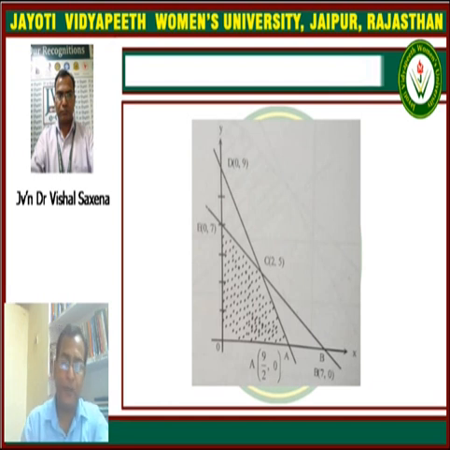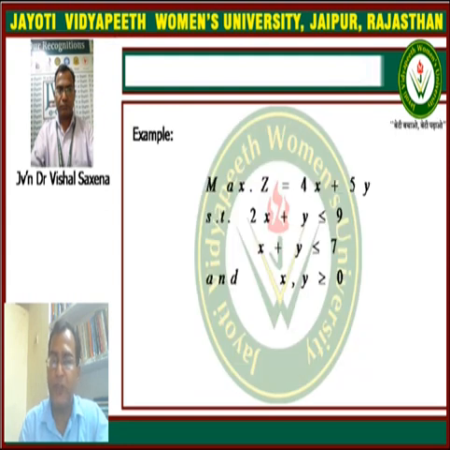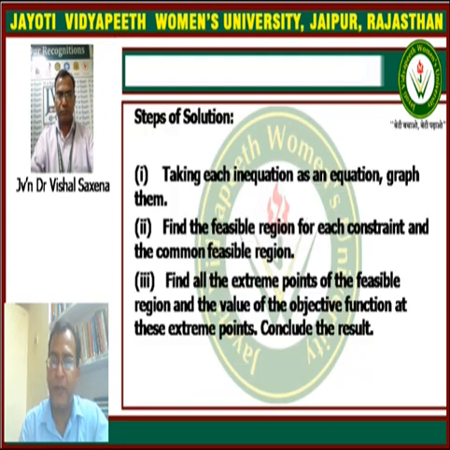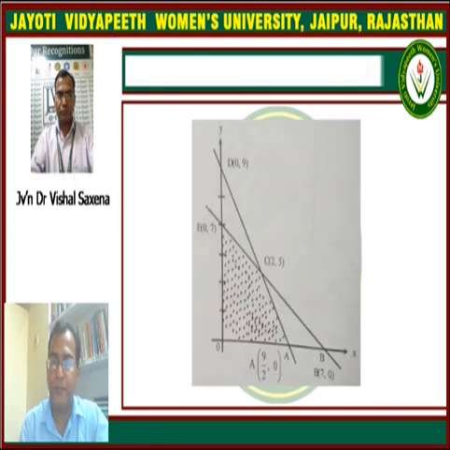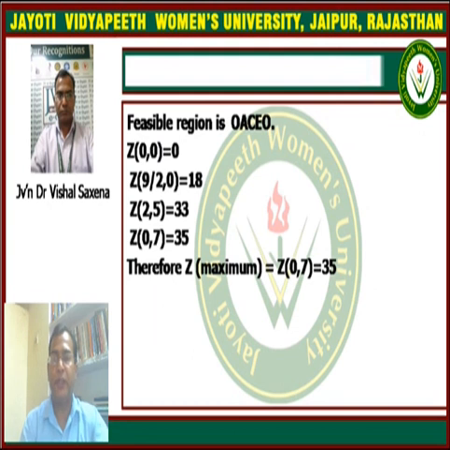Next we find the objective function value. The objective function is z equal to 4x plus 5y, at all these points. The value of z at the origin 0, 0 is 0.